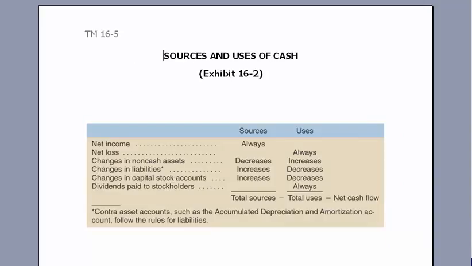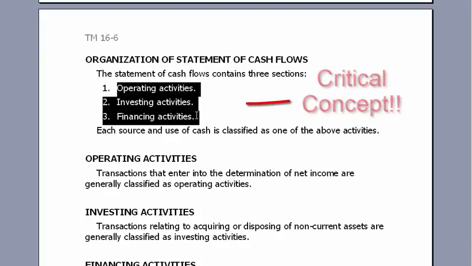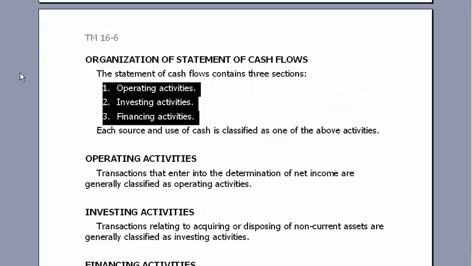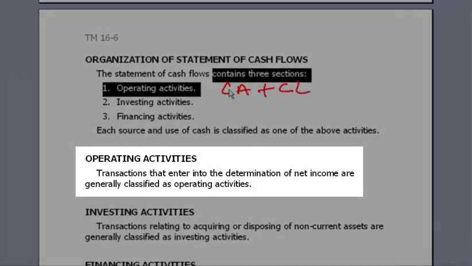I would skip these next two slides because I don't think they're of much value to you. But on the slide marked number 6 on our screen here, the statement of cash flows is divided into 3 areas: operating activities, investing activities, and financing activities. The operating activities are everything to do with the current assets and current liabilities.